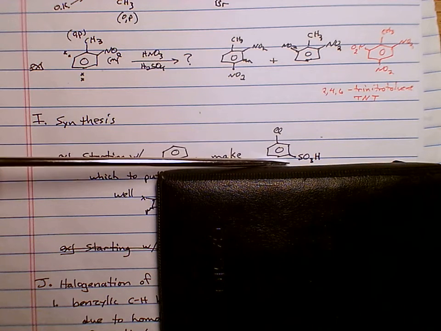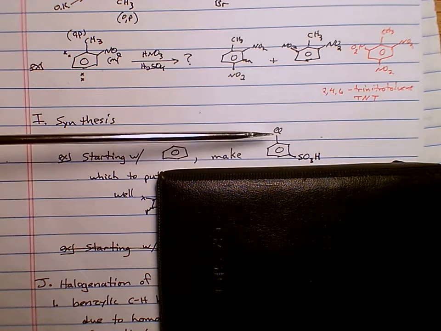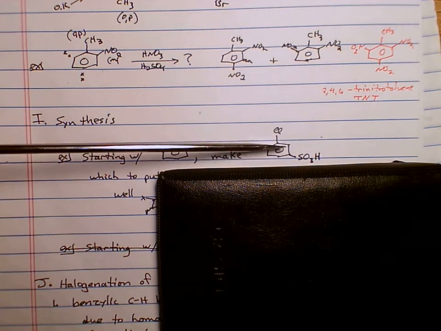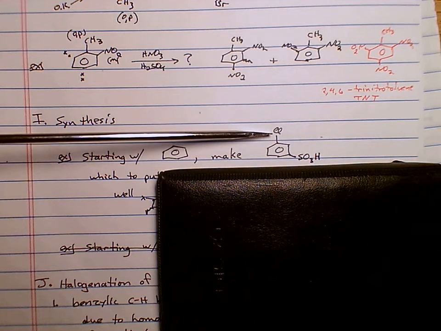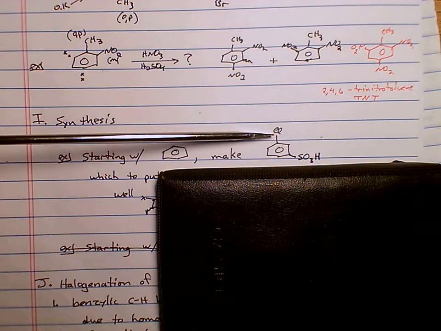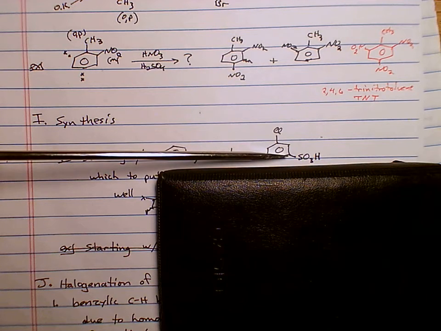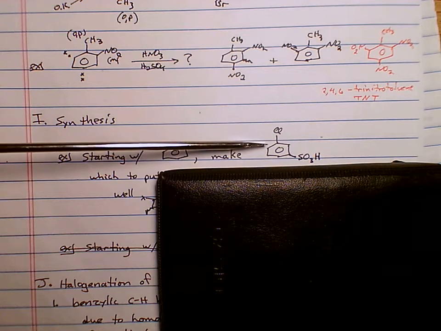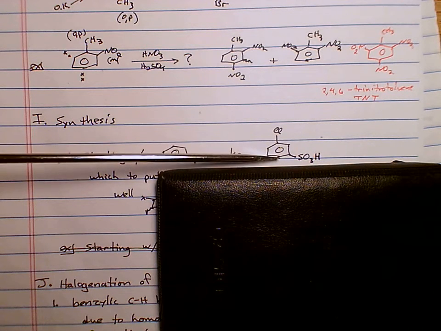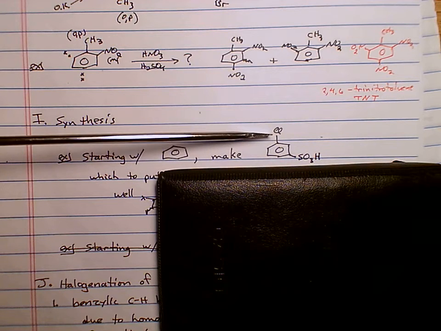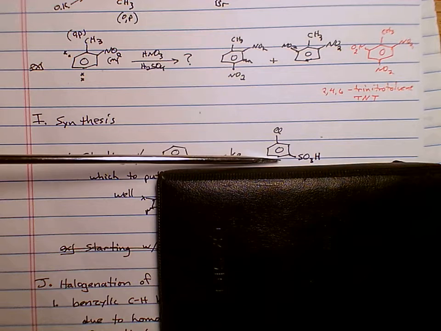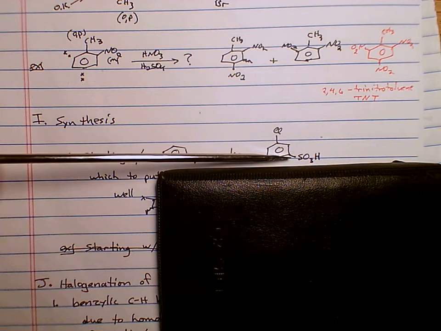The question is, which one do we put on first? Note, these 2 are meta to each other. So if we put the chlorine on first, where is chlorine going to direct the sulfonyl group? Recall, chlorine, while it's deactivating, is an ortho-para director. So the sulfonyl would go ortho or para to the chlorine, but it's not, it's meta.